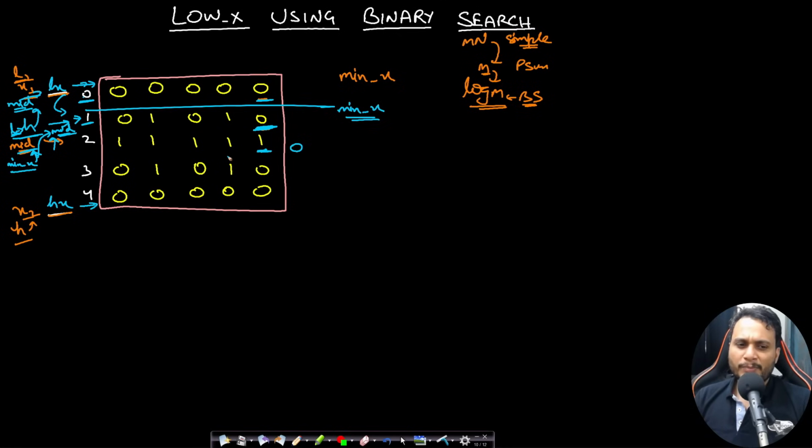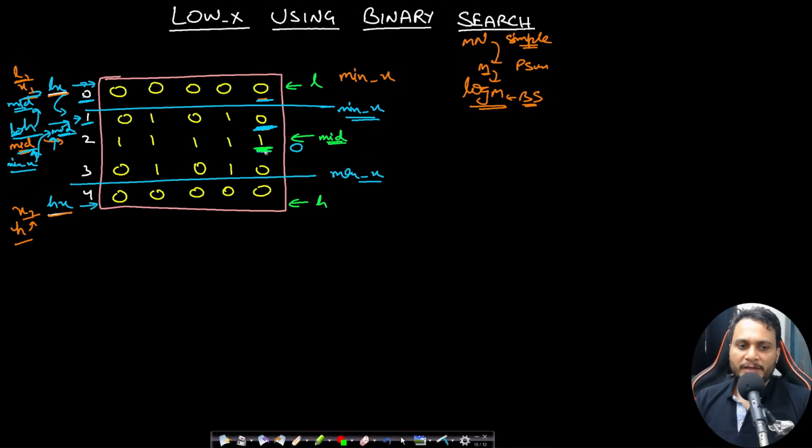Similarly, applying similar logic, but the movement logic will be separate, you can find the max x. How to find max x? You will start with the low value at 0, the high value at 4, and your mid value will come here. Now your max x will be assigned to minus 1 or 0, whatever it is. You will have to find out the prefix sum value at this point.